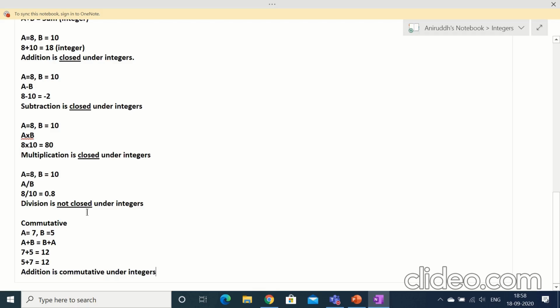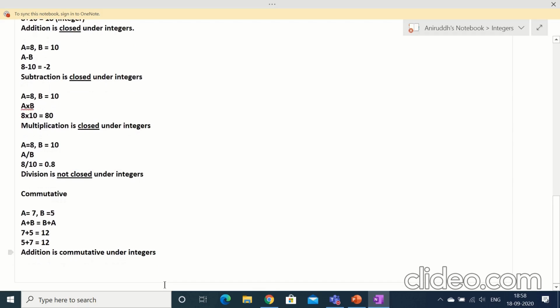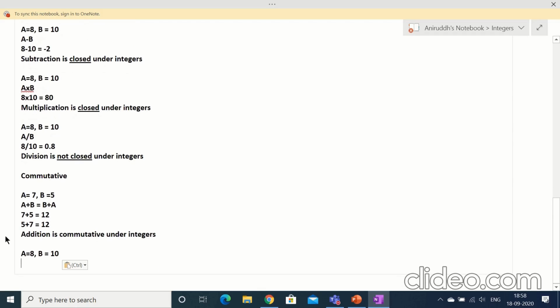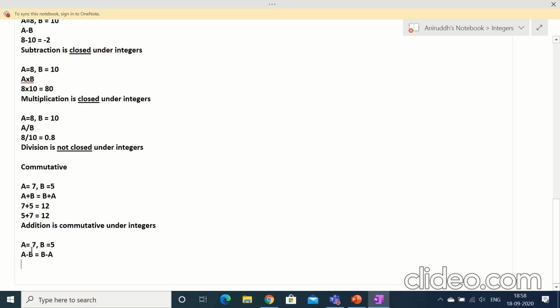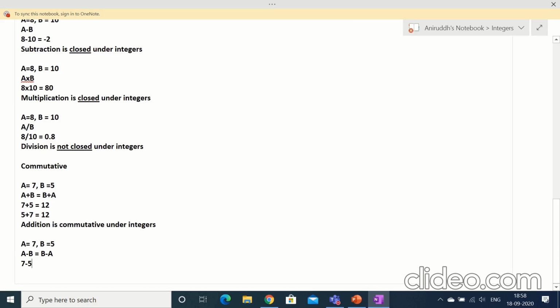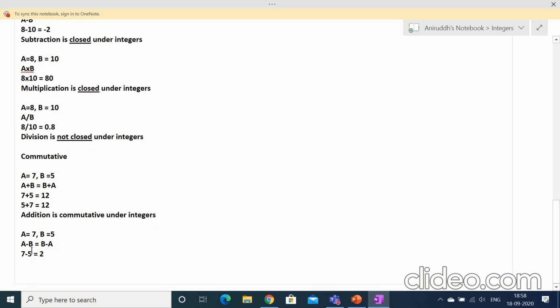Now let us check subtraction. Well, this time we'll take A as 7 and B as 5, the same numbers. A minus B should be equal to B minus A. So A minus B is 7 minus 5, which is 2, and B minus A, that is 5 minus 7, is minus 2.